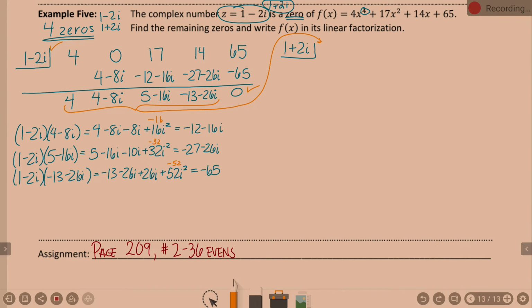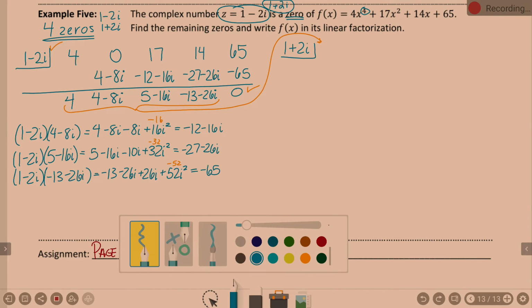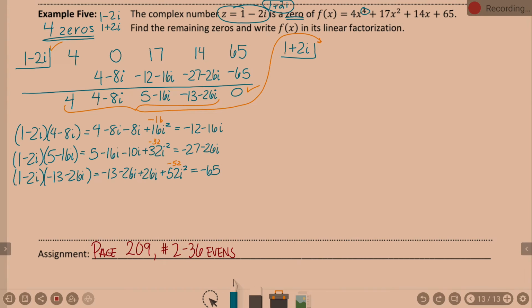It is a necessity. So, next to my 1 plus 2i, I'm going to have 4. Oh, this is a lot easier. 4 minus 8i. 5 minus 16i. Negative 13 minus 26i. Are you finding that I wasn't lying, that we don't have any more foiling to do?